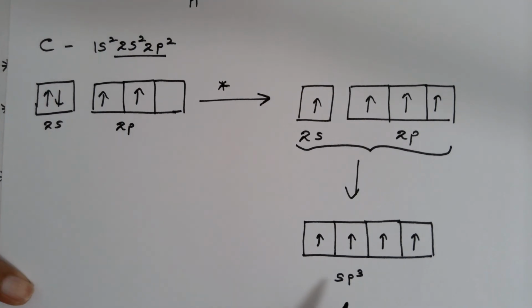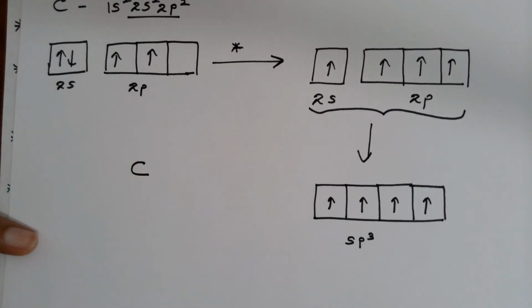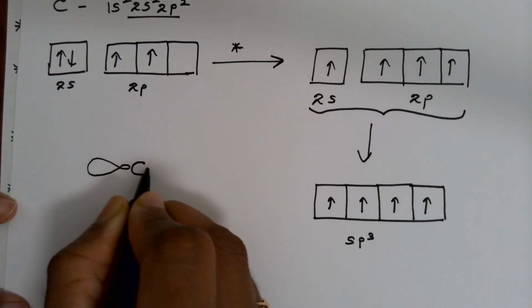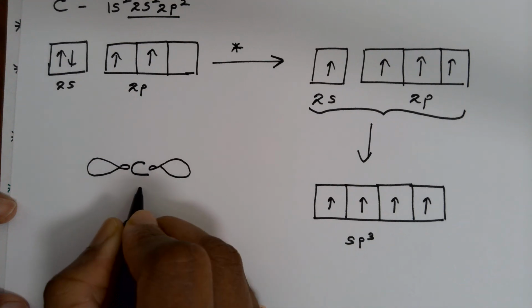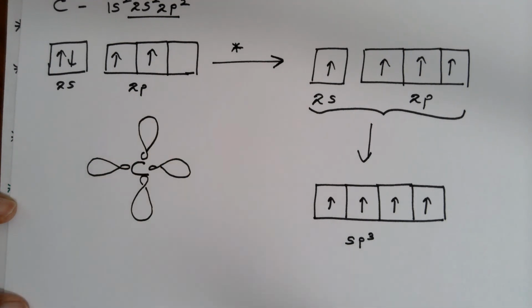So why four hybridized orbitals? We mix one s and three p's. So the number of orbitals mixed is equal to the number of hybridized orbitals formed. Now if we draw it, carbon is our central atom. There are four hybridized orbitals on carbon, like this.